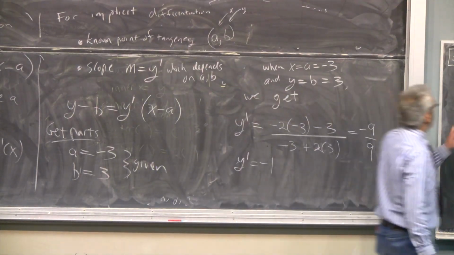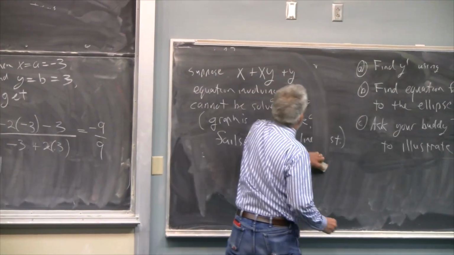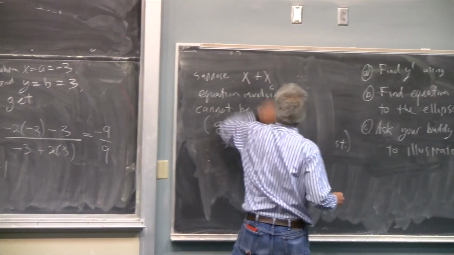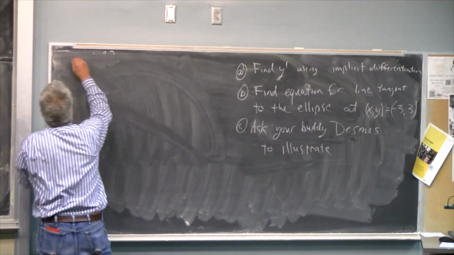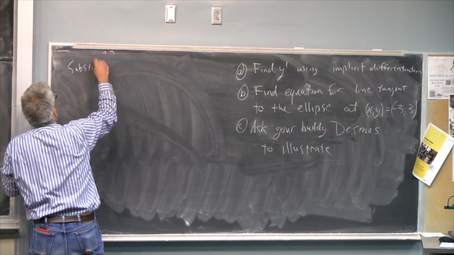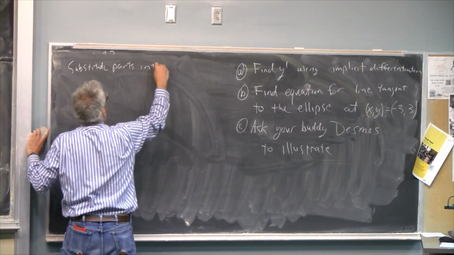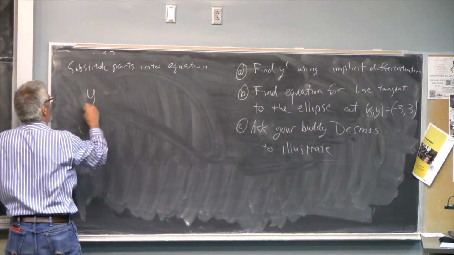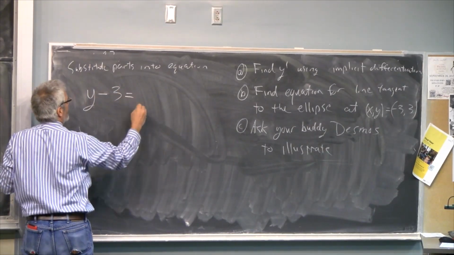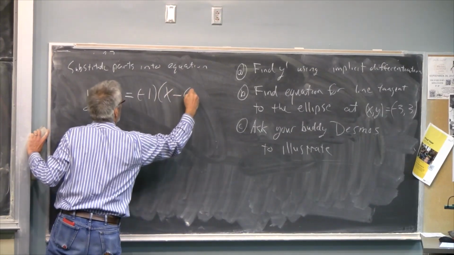So when I put those parts into the equation, I get y minus my known y value equals my slope times x minus my known x value.